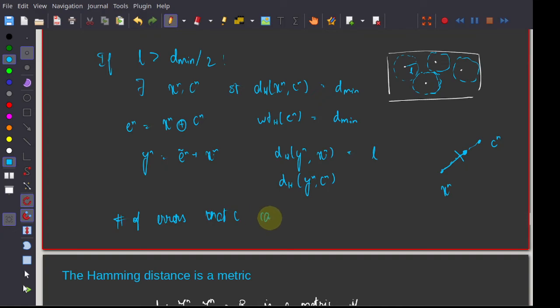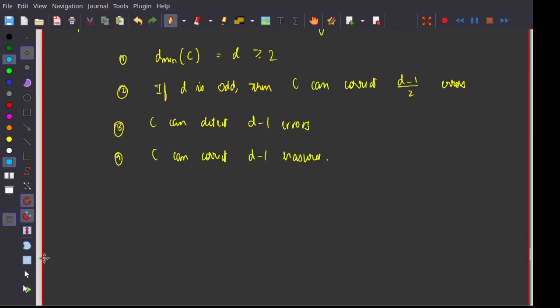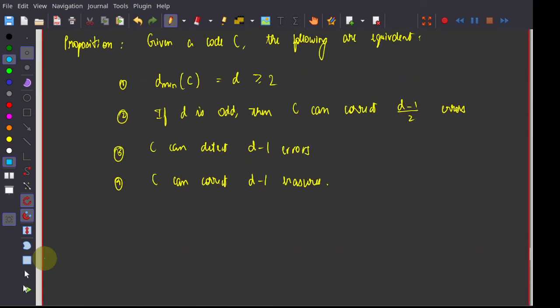Any code can correct a number of errors that has to be strictly less than d min by 2. So the error correction capability is strictly less than the minimum distance divided by 2. In fact, you can make this slightly more formal. Given any code which has a minimum distance d which is at least 2, the following holds.